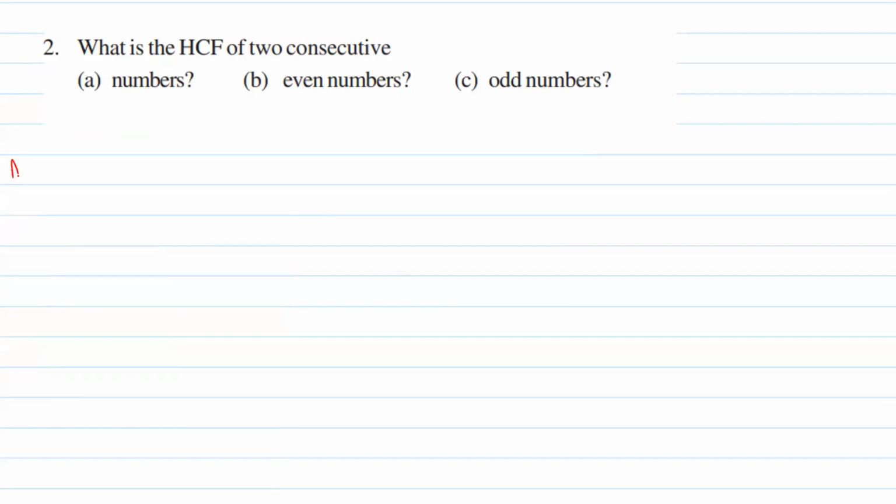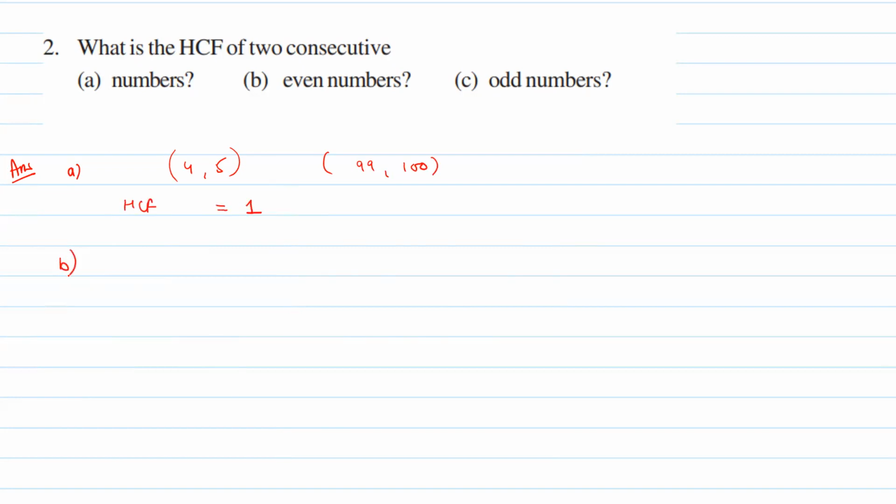Coming to the second question. What is the HCF of two consecutive numbers? Any two consecutive numbers, 4 and 5, or let's take 99 and 100. The HCF will always be 1.